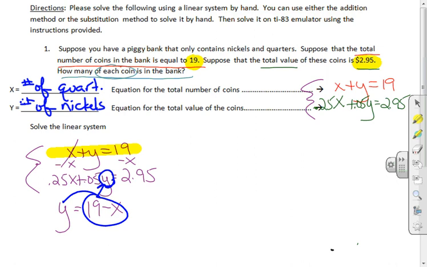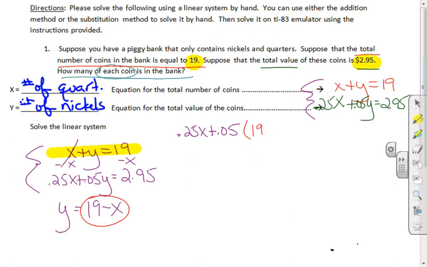So that is going to give me 0.25x plus 0.05 times, again, this that I just circled in red is equal to y, so it's interchangeable, equals $2.95.